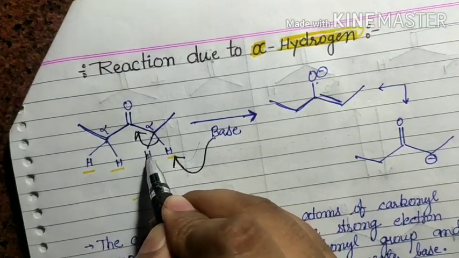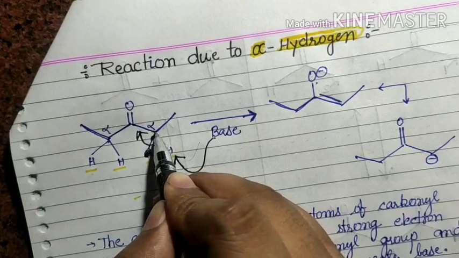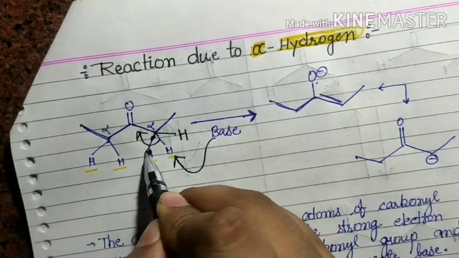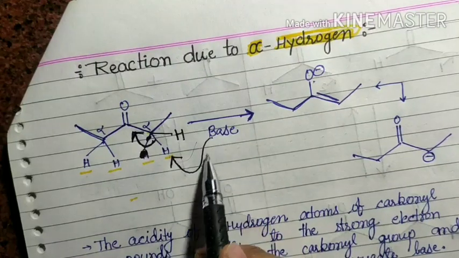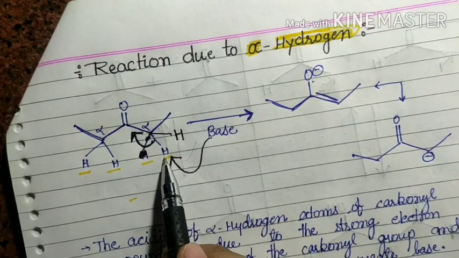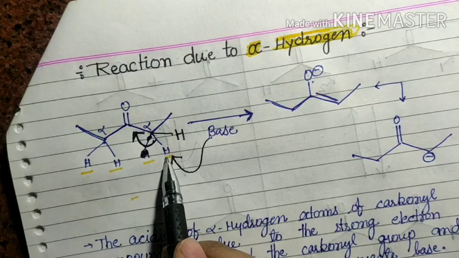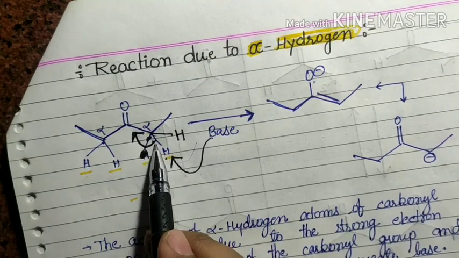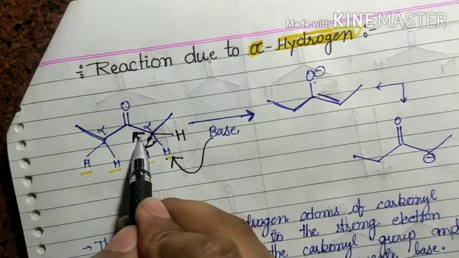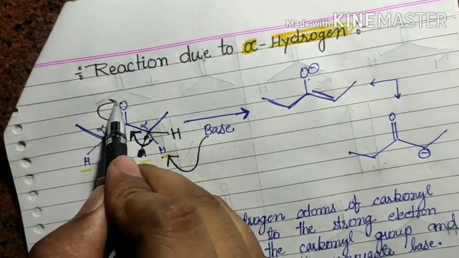It is the wrong way to represent, so I want to write another hydrogen on this side. If the base abstracts this hydrogen, due to the partial positive charge here and the polarization of this bond, the bond pair shifts towards this side and this bond breaks like this.